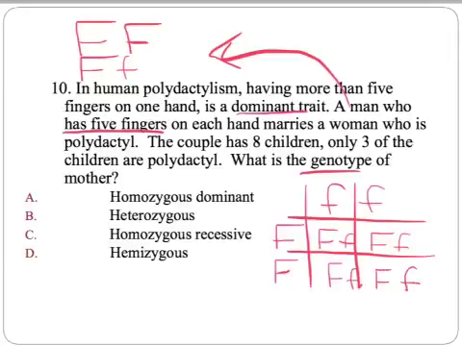And hemi doesn't exist. Okay? So the only correct answer is she is hetero, and by her being hetero, that allows her to be able to have children that are not polydactyl. Hopefully that explanation makes sense. Okay, so again, correct answer is B, hetero.